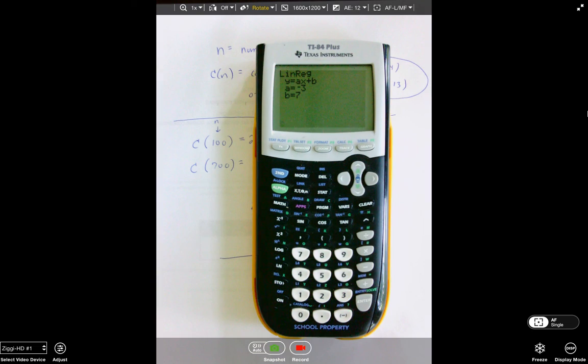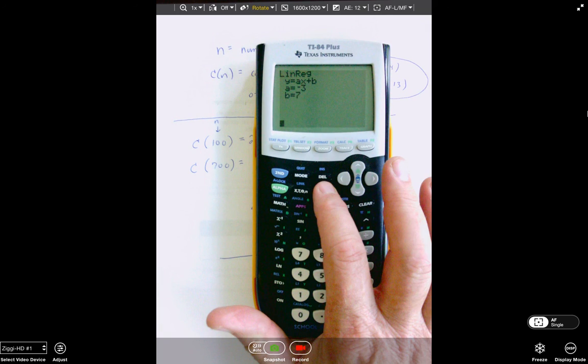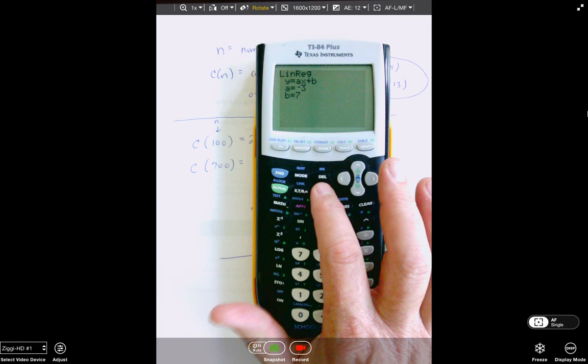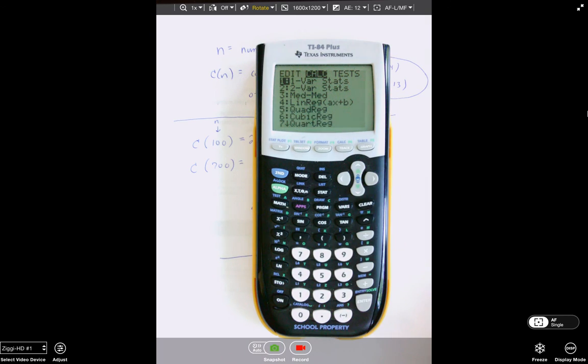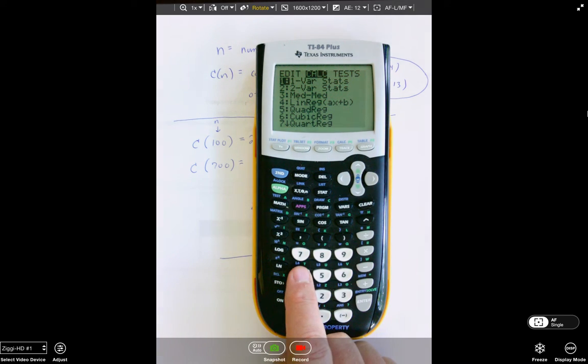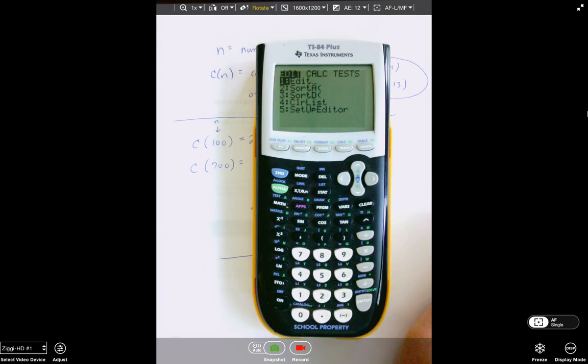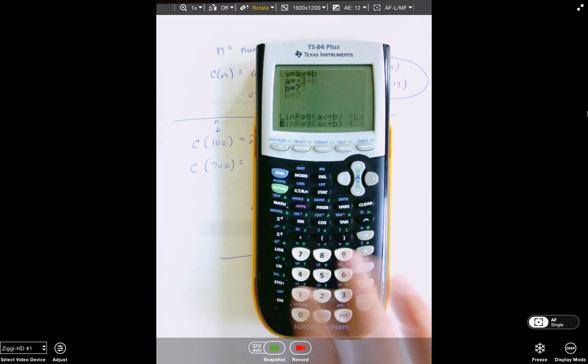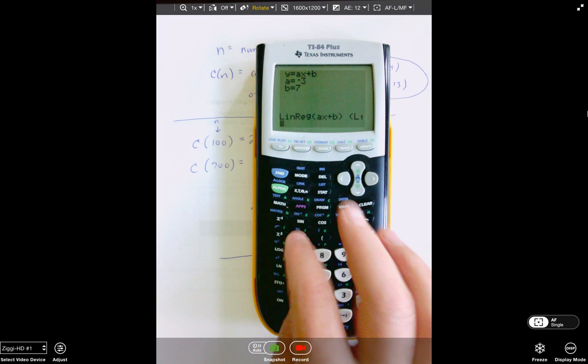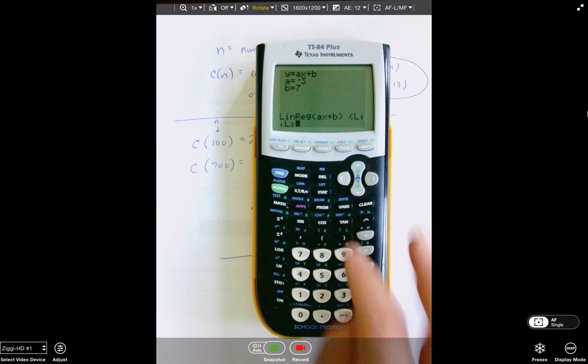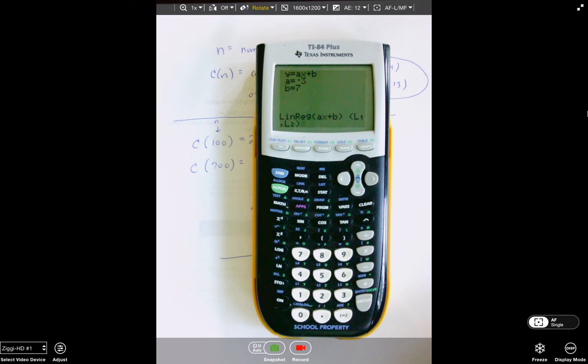Now, kind of weird, but you go back in there. We went over to calc, down to number 4, so I'm just going to hit number 4. Then left parentheses, second function 1, comma, second function 2, right parentheses. And I get my answer.